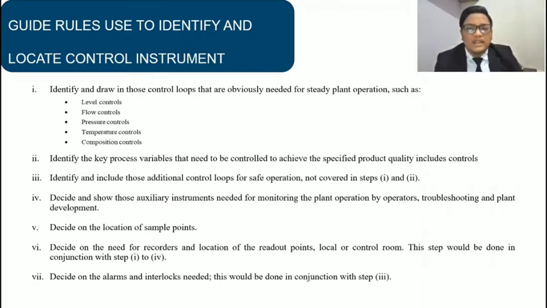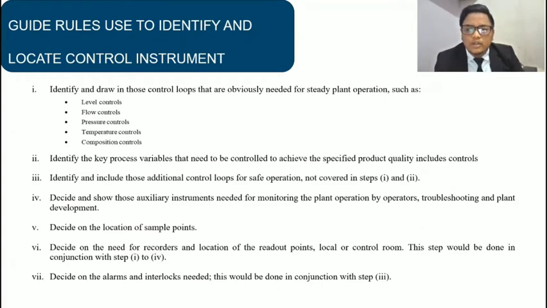Fourth, decide and show those auxiliary instruments needed for monitoring the plant operation by the operator, troubleshooting, and plant development. It is well worthwhile including additional connections for instruments that may be needed for future troubleshooting and developments but are not installed permanently.